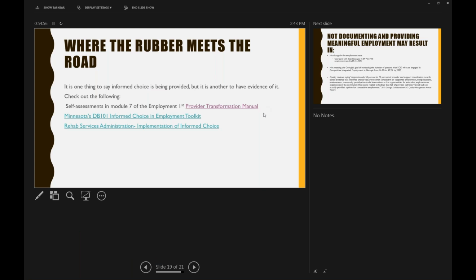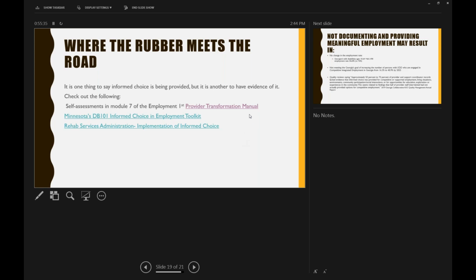Sorry about that. I didn't have it pulled up on my desktop. If you're not familiar with the Employment First Provider Transformation Manual, it has many modules to help providers think of employment first and get their program where it needs to be, so that competitive integrated employment is the first option. Within that manual is a module on looking at the organization through assessments, doing self-assessments for individual staff members and the organization.